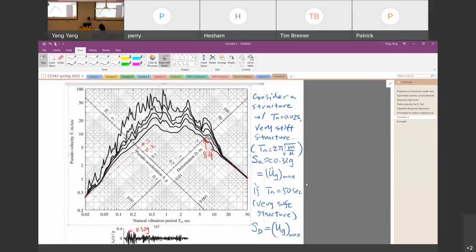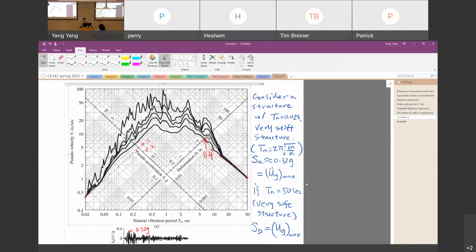And here, those responses are only linear responses. We assume all structures are linear in the elastic range. But how about a structure with some plastic deformation, such as a steel building? Steel buildings may experience some plastic deformation. Actually, nowadays we design most structures under earthquakes to experience some plastic deformation, such as bridges, columns, and building joints.